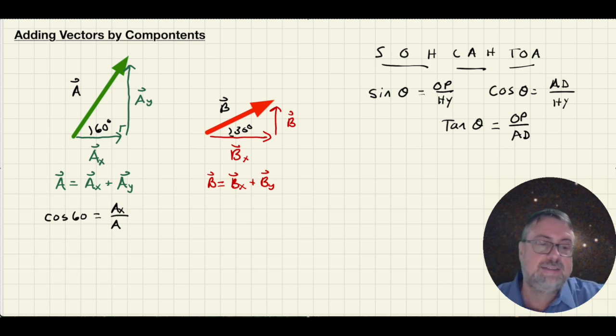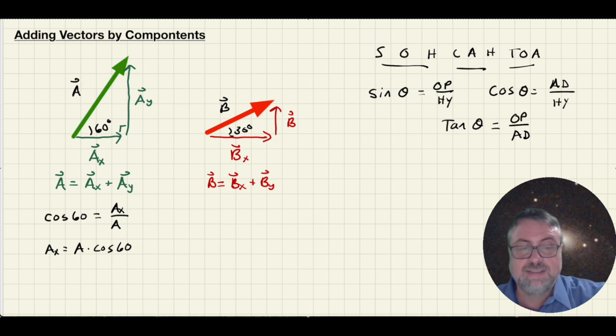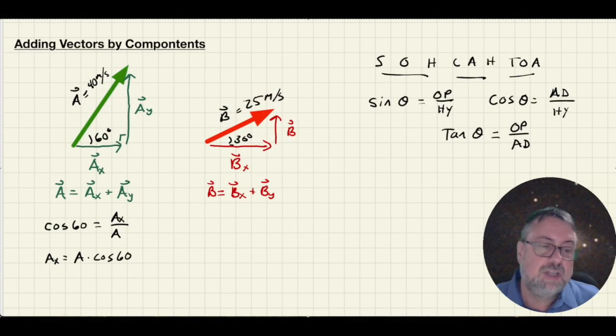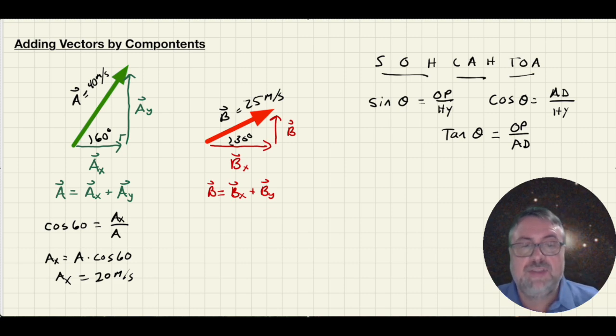Well, cosine, that means that AX is going to be A times cosine 60. Well, cosine 60 is a half. That means that vector AX is going to be equal to half of 40, or 20 meters per second. Similarly, AY is going to involve the opposite side of the triangle and the hypotenuse. That's the sine.